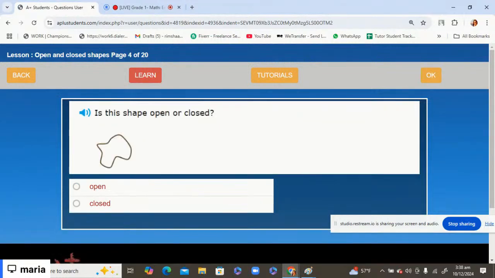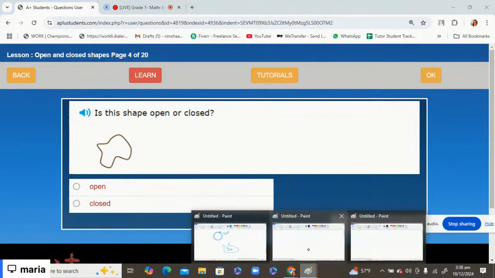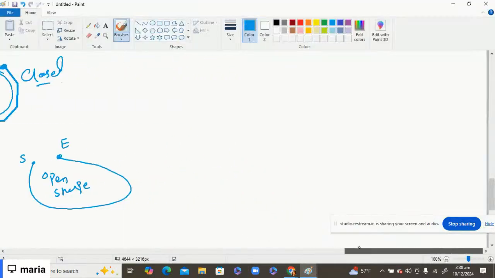This is right. So is this shape open or closed? Check this shape and then tell me, is this open or closed? Their starting and ending point is the same or not? When we see, we check it out. This is the shape like this way.